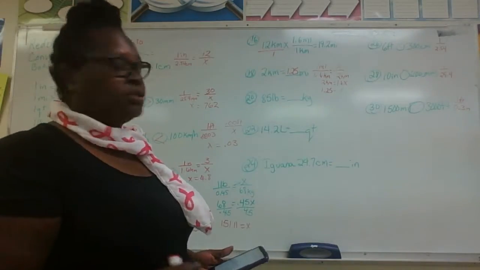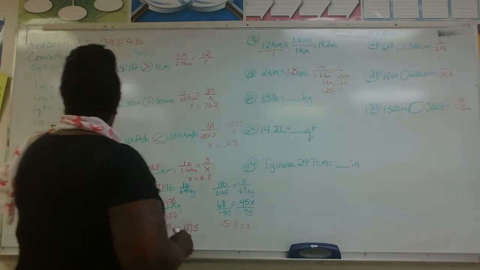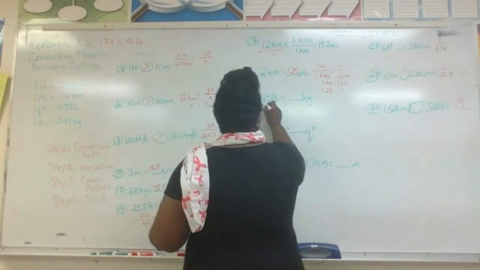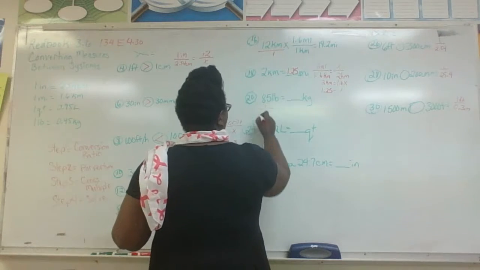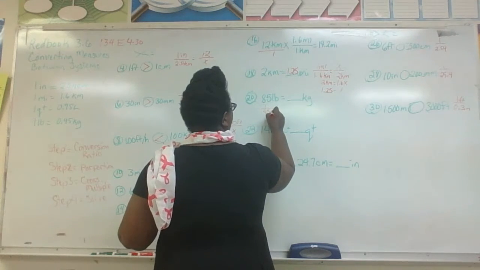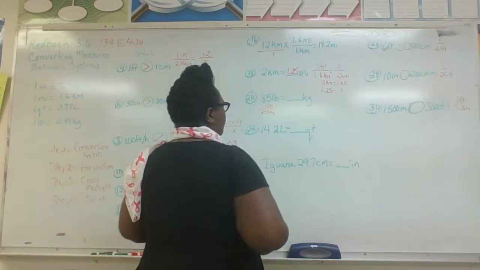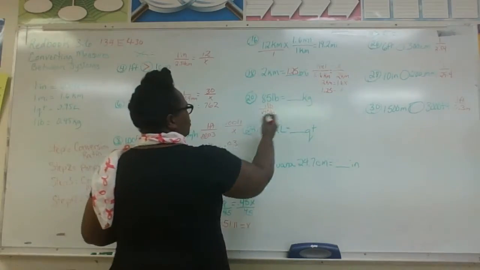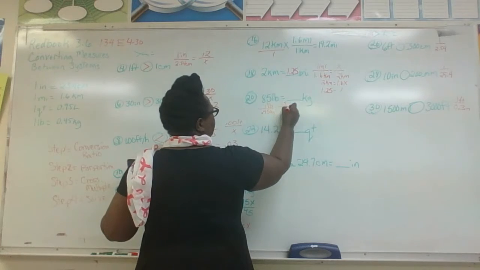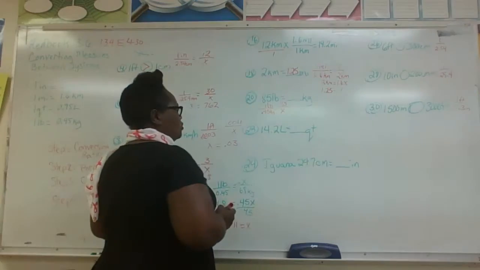We have pounds to kilograms. So our pounds, we have 1 pound to 0.45 kilograms. Okay, and therefore we set up our proportion. We know we have 85 pounds, but we do not know the kilograms.